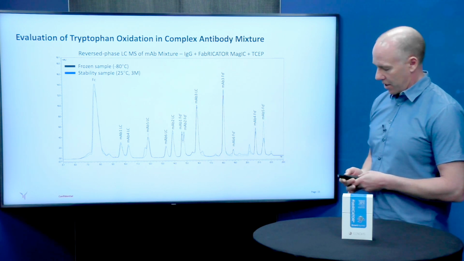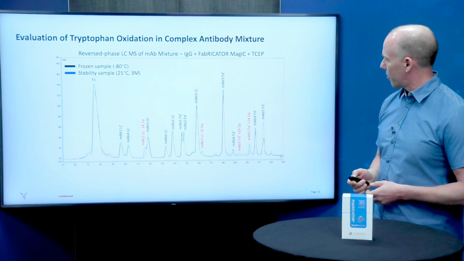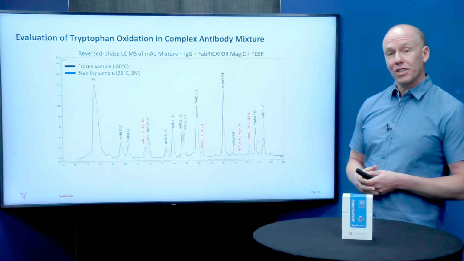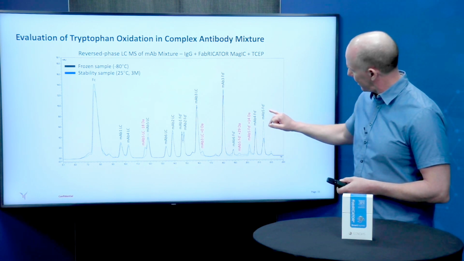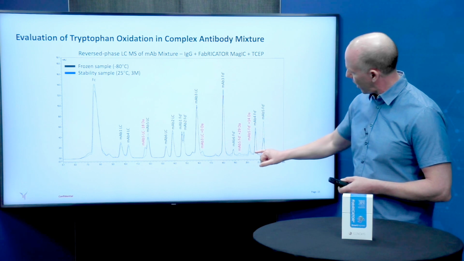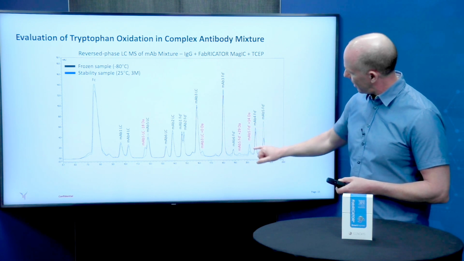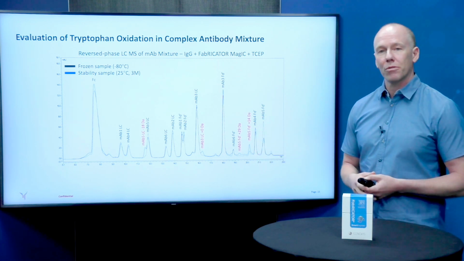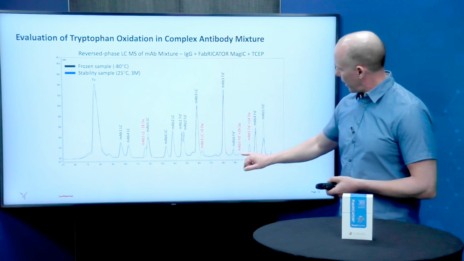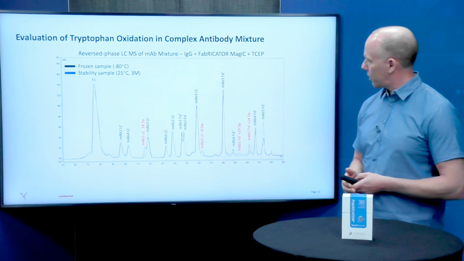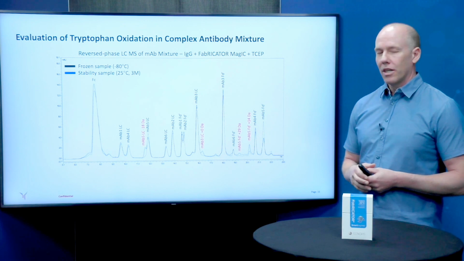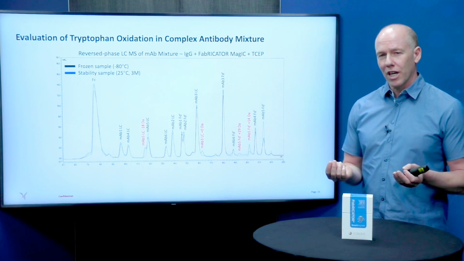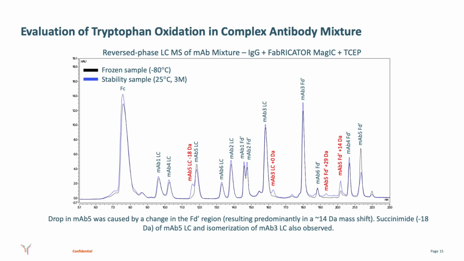And if we kind of map out stuff that increases in the stability sample, we can see that the MAP5 FD prime region has a species that increases by 14 Dalton, and another minor species that increases by 23. And that's not quite oxidation. That would be plus 16 and plus 32.